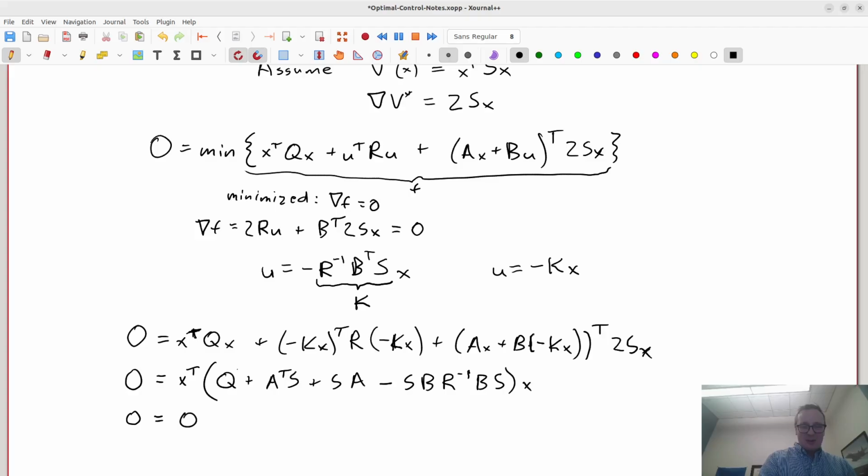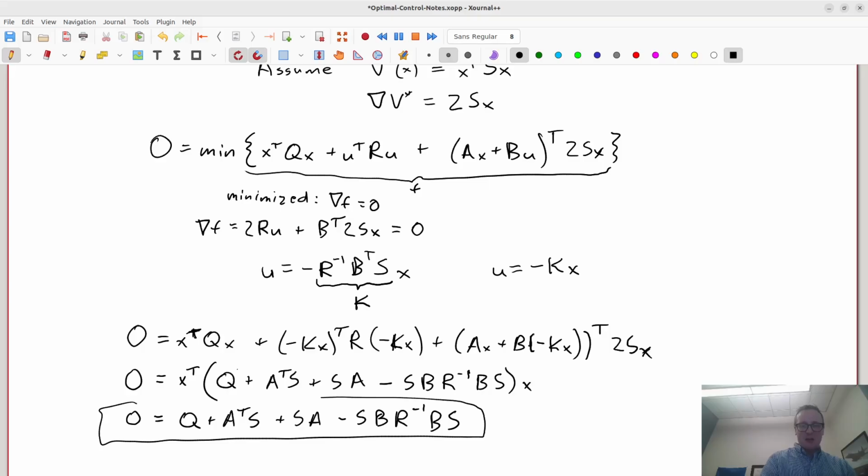This is going to be 0 equals Q plus A transpose S plus S A minus S B R inverse B S. And this is called the algebraic Riccati equation, and that allows us to solve for S. Now you'll see you can't just rearrange it and get a value for S because we've got this S squared term.